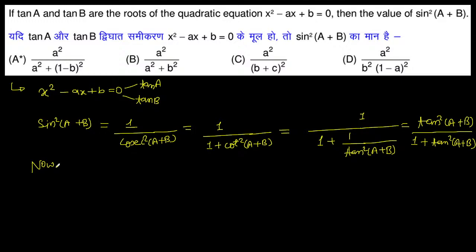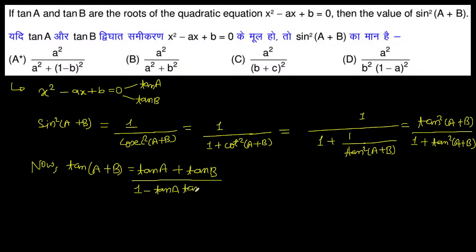Now we can say that tan (a plus b) is equal to (tan a plus tan b) upon (1 minus tan a tan b).